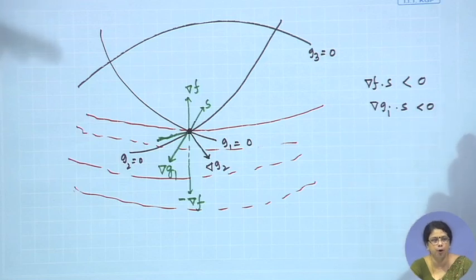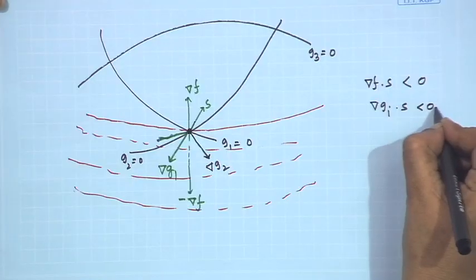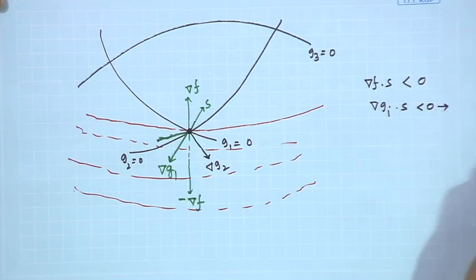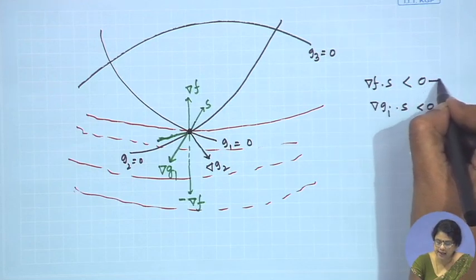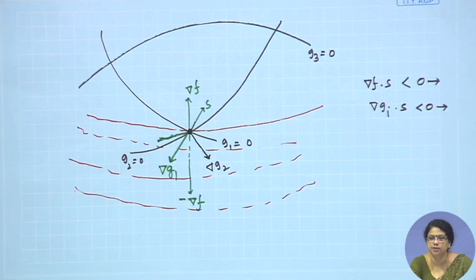From any point, we will find out what is the descent direction for the minimization problem and what is the ascent direction for the maximization problem, as well as what is the feasible direction from this point. This direction is the feasible direction, and this is the ascent direction.